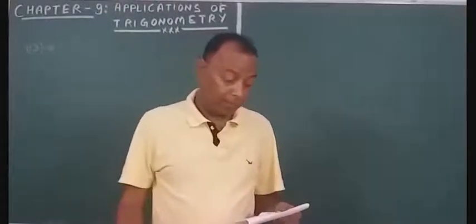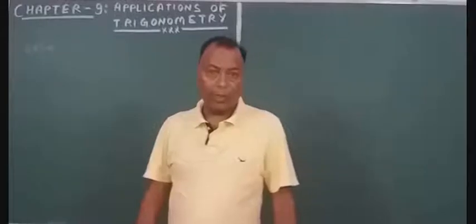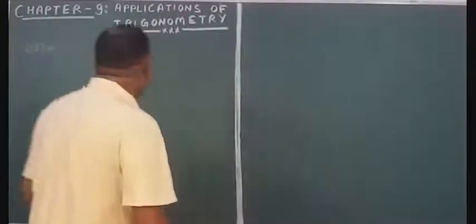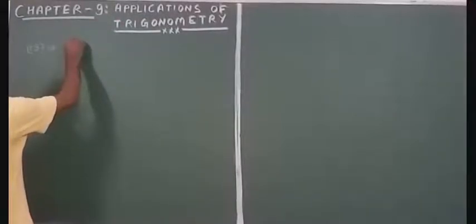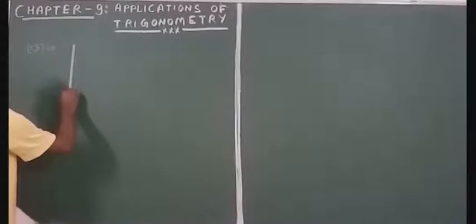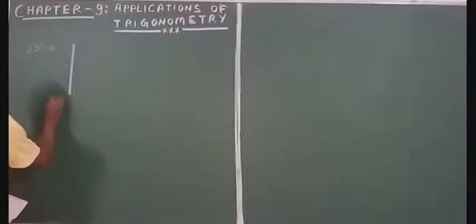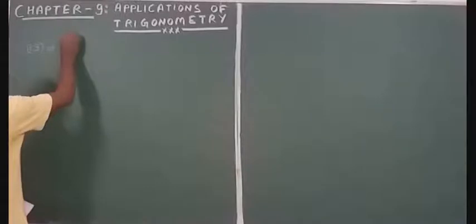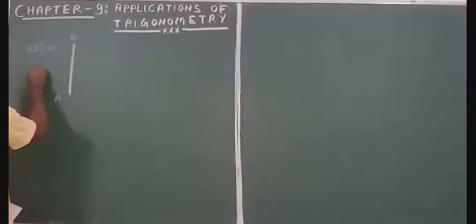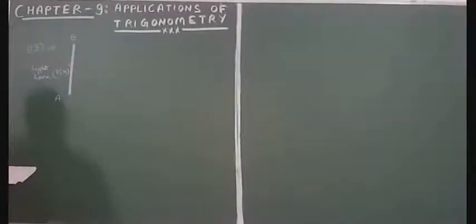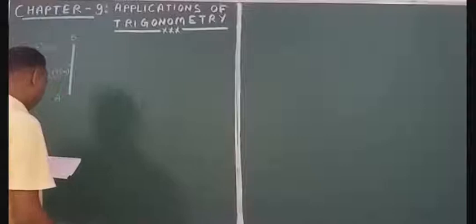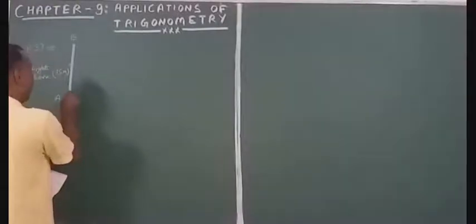किसी 75 मीटर ऊंचे लाइट हाउस से, ठीक है, suppose ये कोई आपका लाइट हाउस है, this one, this AB is the lighthouse which is 75 meter high, 75 meter high lighthouse from the sea level.